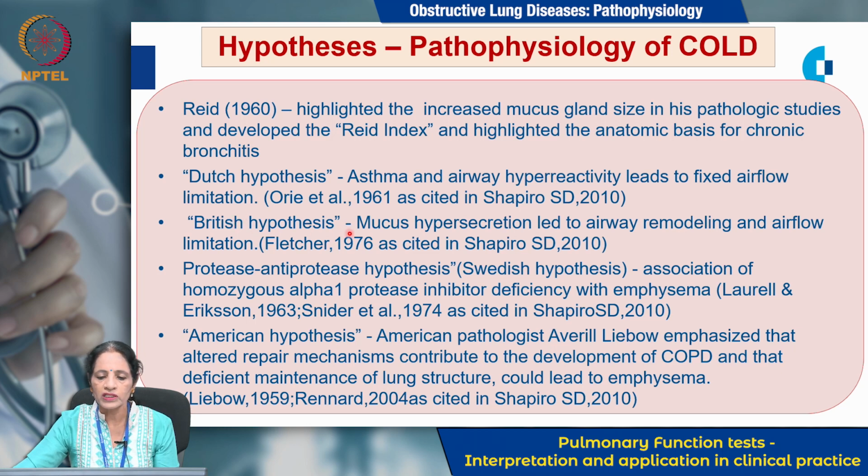And the British hypothesis, where mucus hypersecretion is thought to be the major factor which leads to airway remodeling and airflow limitation. Then comes the protease and antiprotease hypothesis, which is very important, from the Swedish hypothesis, where homozygous alpha-1 protease inhibitor deficiency is associated with emphysema.